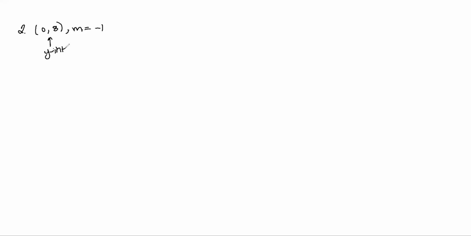So we're given the y-intercept, we're given the slope, and we can go ahead and plug these in. So we get y = mx, so -1x, plus b, so plus 8. And if you want to kind of tidy this up a little, if you wrote this as y = -x plus 8. That's a little bit nicer, but either one is perfectly fine.